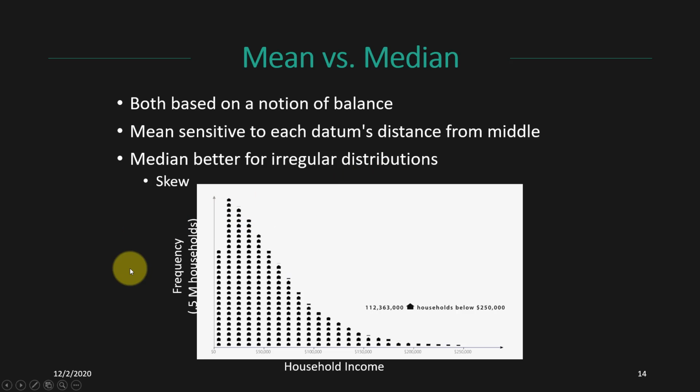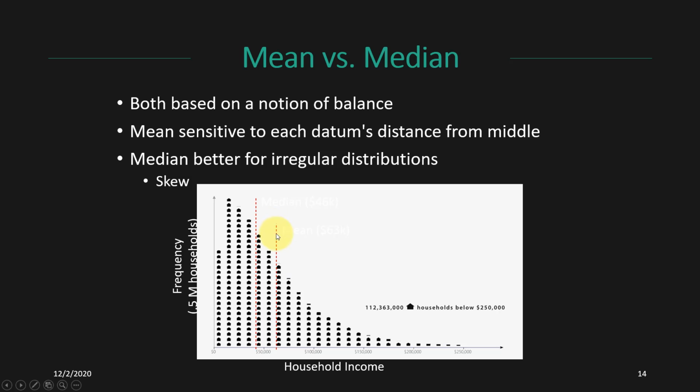So if you think about, for instance, something like household income, where most individuals have a more modest income and then you have a few individuals with an extreme income, the mean might actually be a bad description here because it's going to be pulled way up by these outliers and make it seem like the typical house is actually richer than it is, right? So here's our mean.